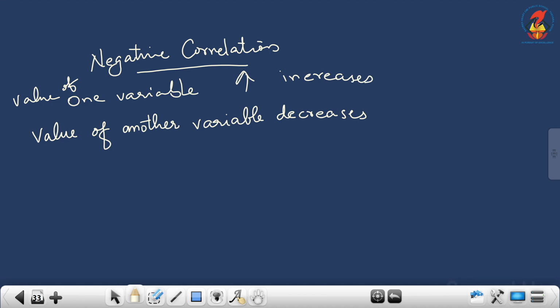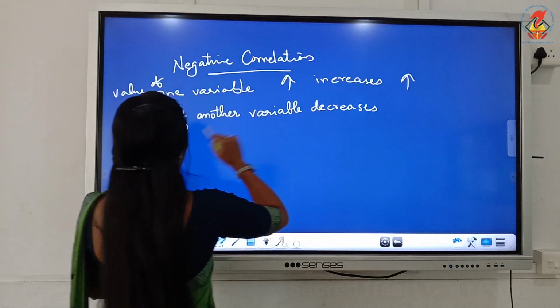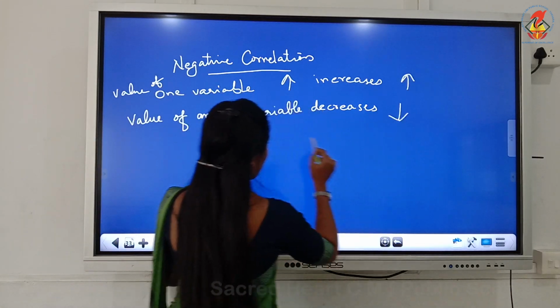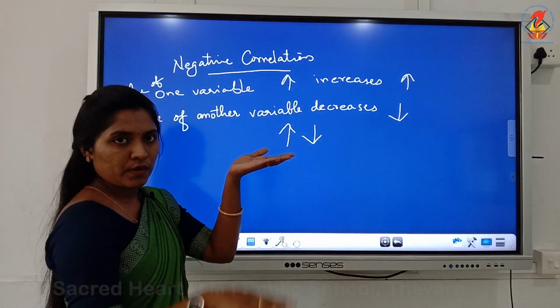In negative correlation, when the value of one variable increases, the value of the other variable decreases. This is negative correlation. One is increasing and the other one is decreasing.